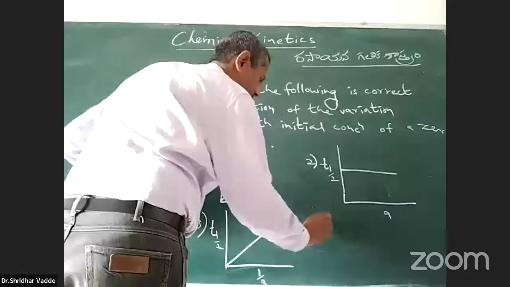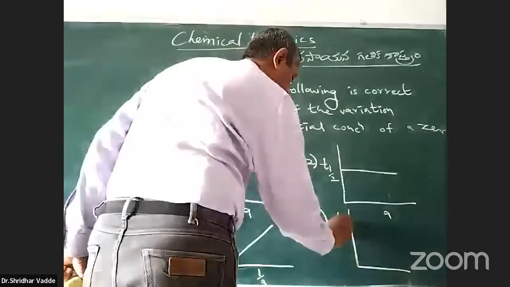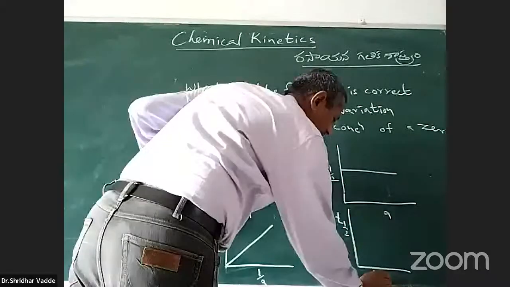Fourth one, t half versus 1 by A square.